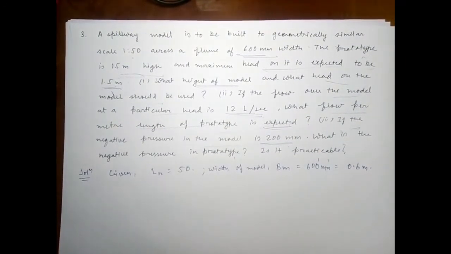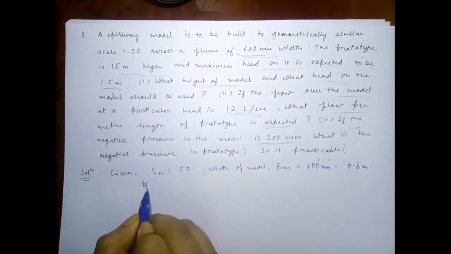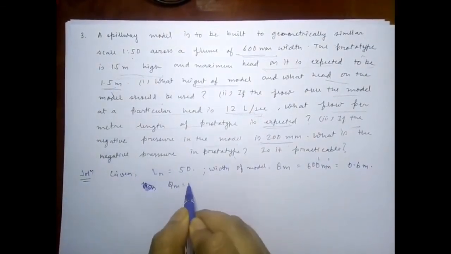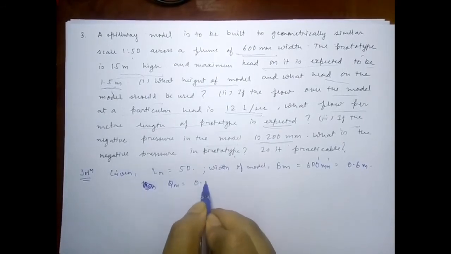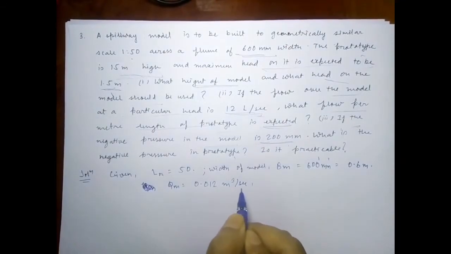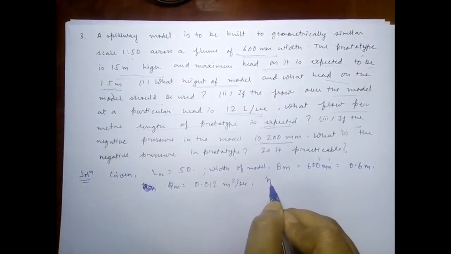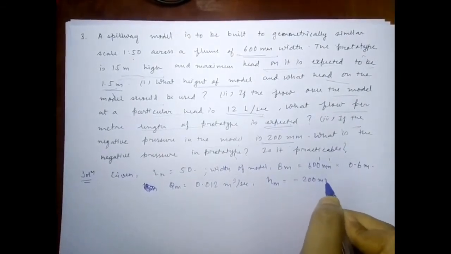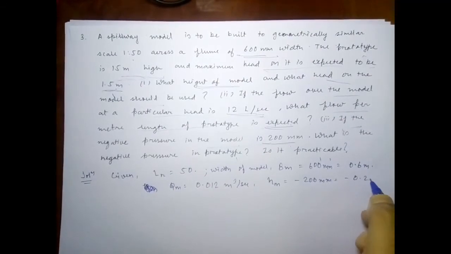Also what we are given, flow over the model, discharge of the model is QM, which is 12 liter per second, or I can write it as 0.012 meter cube per second. Also the negative pressure, suppose it is small hm, it is minus 200 mm, or it is minus 0.2 meters.